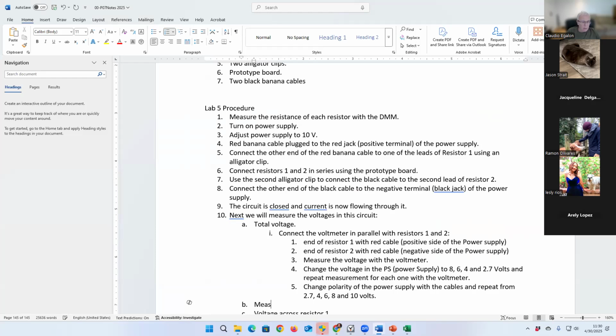Measuring voltages across resistor 1, I call that V1. Measuring total voltage, I'll call that V total. V tot, right? Lowercase.